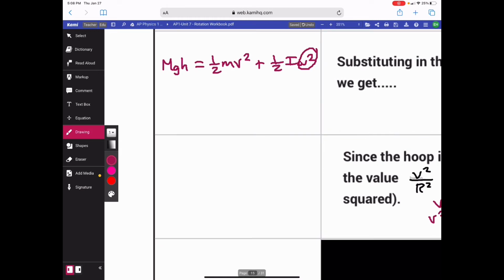Let's make that substitution happen. We have mgh equals 1/2 mv squared plus, and we're also going to substitute for I too. Remember, we were told at the very beginning in the scenario that we have a hoop, okay? And the hoop has a rotational inertia of mr squared.